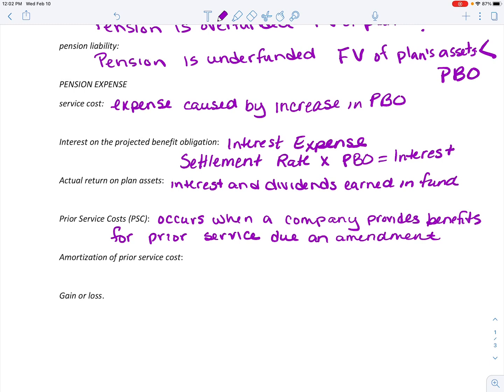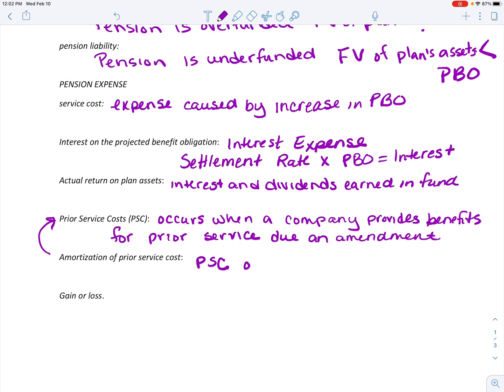So this prior service cost, that's related to the amendment that we just explained.